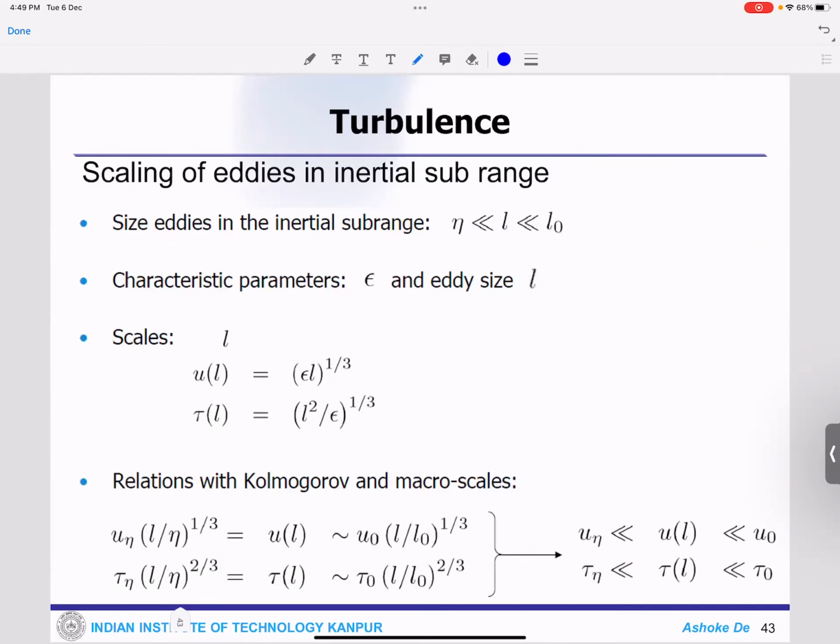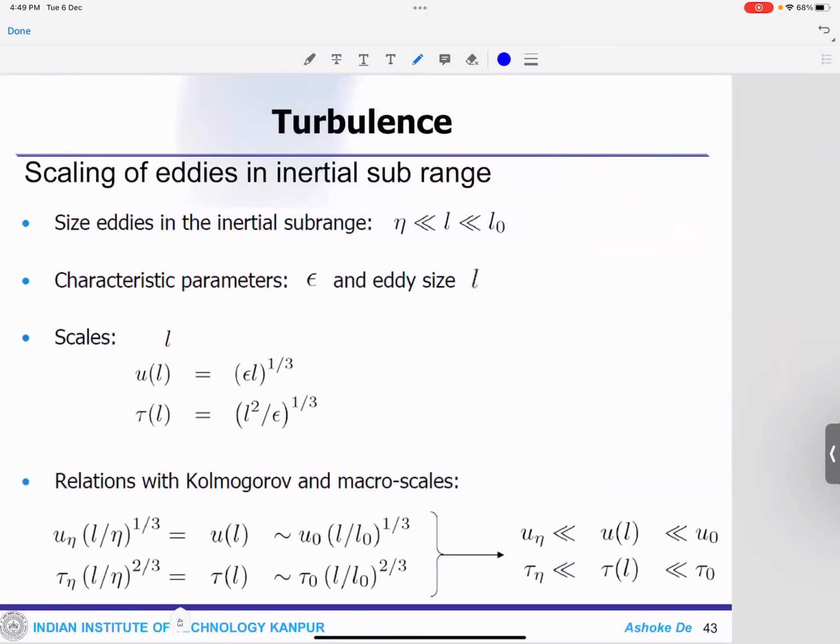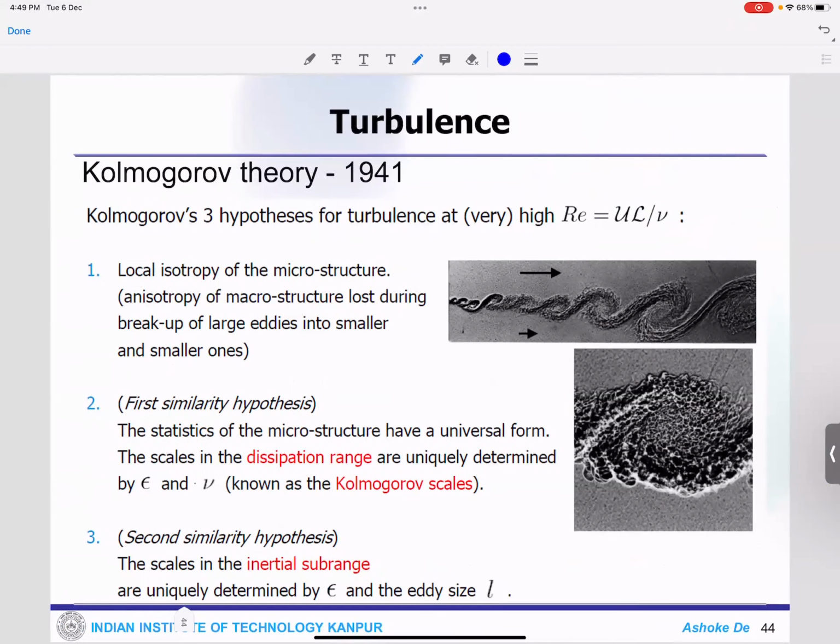Now, we have already talked about scaling. With the macro scale structure and the small scale structure, we can scale their time scale, length scale, and all these things. Now, what Kolmogorov proposed in 1941 is three hypotheses. One is the local isotropy of the macro structure, which is very, very important.